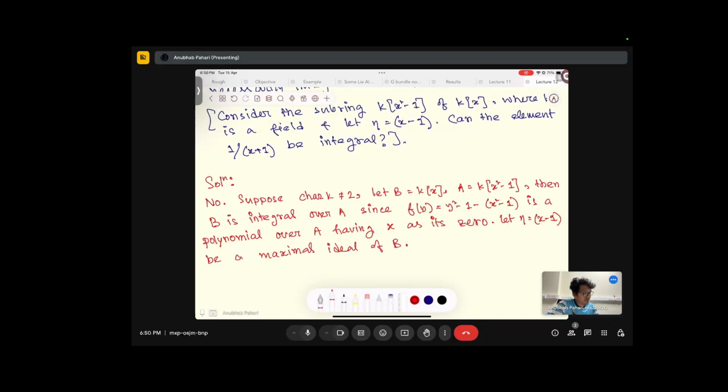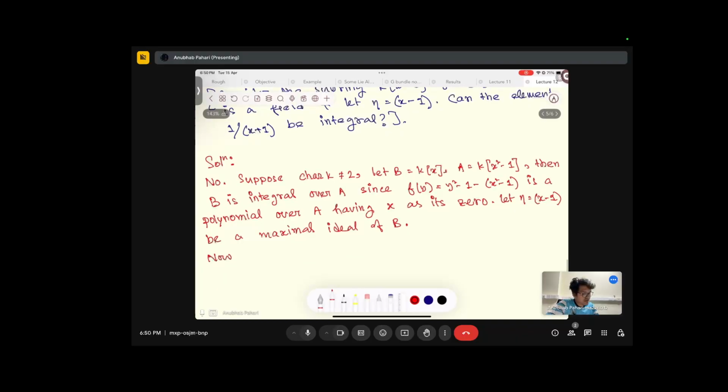Now 1 by x plus 1 is an element of Bn since x plus 1 doesn't belong to n.